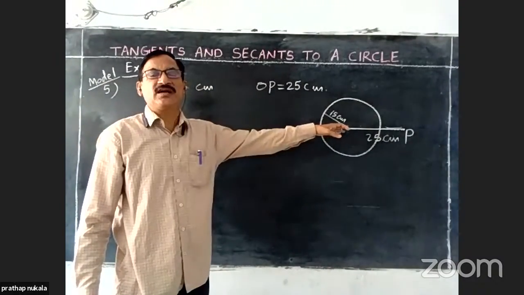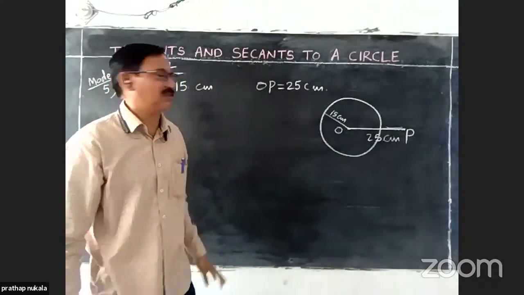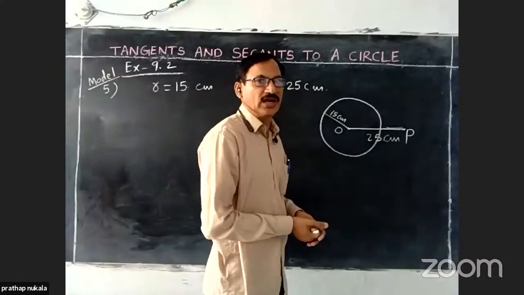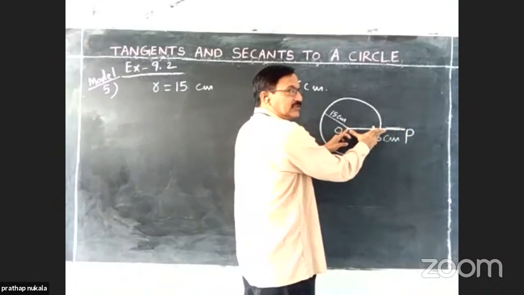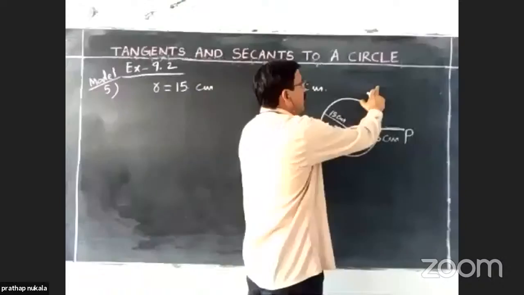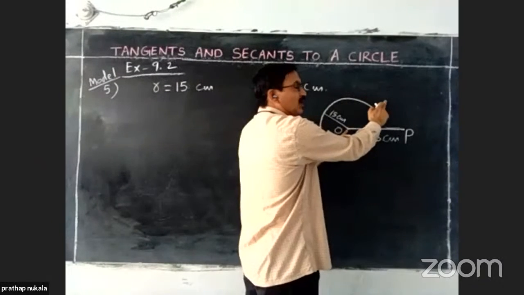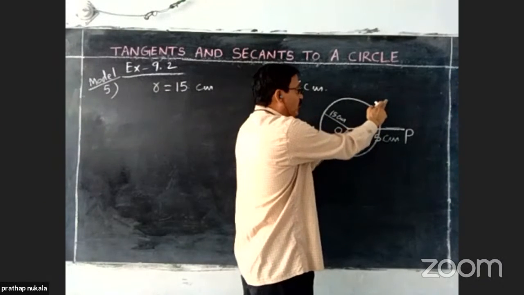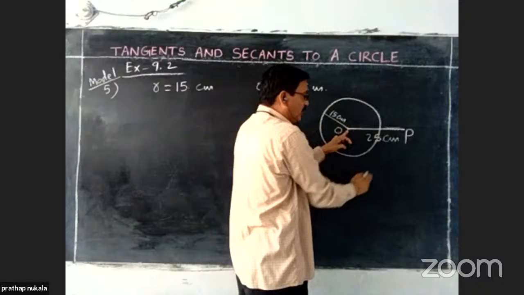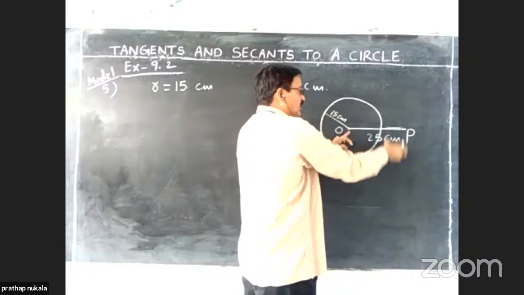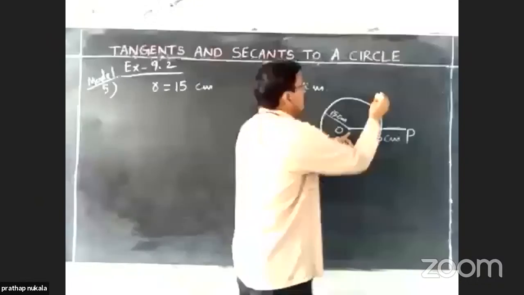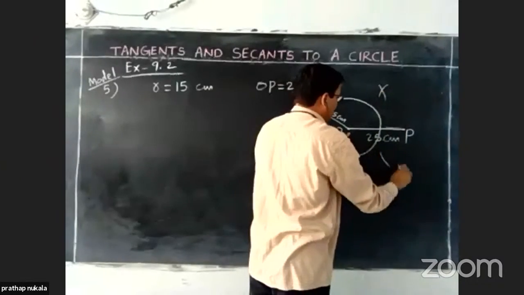draw the perpendicular bisector of OP. Already we know how to draw the perpendicular bisector of a line segment. Taking more than half radius with the compass, draw an arc above the line segment OP and below the line segment OP. With the same radius from P, intersect the previous arcs and draw another two arcs like this.